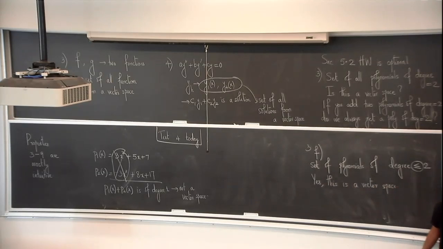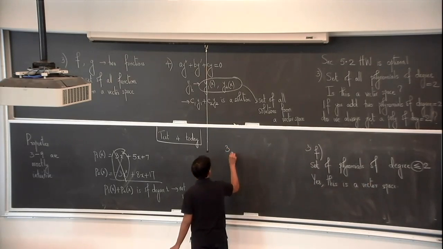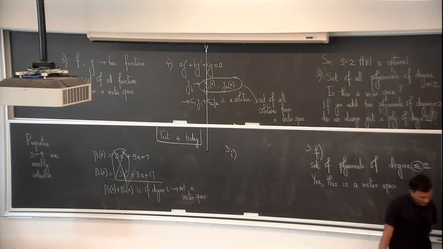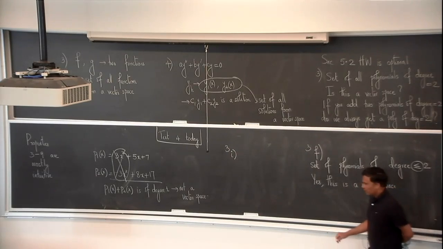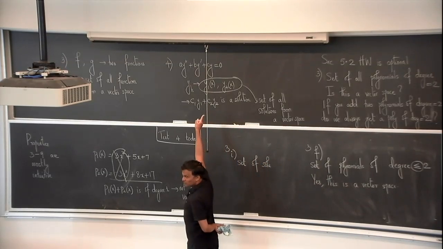What do you think about this one? This is the one I planned to do earlier, 3I. The solution to the differential equation y double prime plus y equals sin x. Remember that that is not a homogeneous equation. That is the key thing.